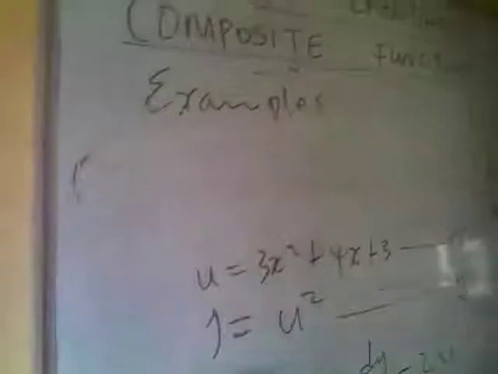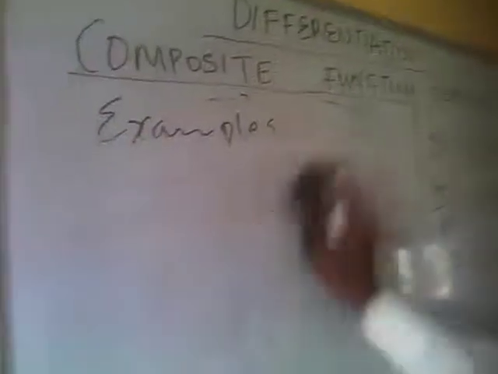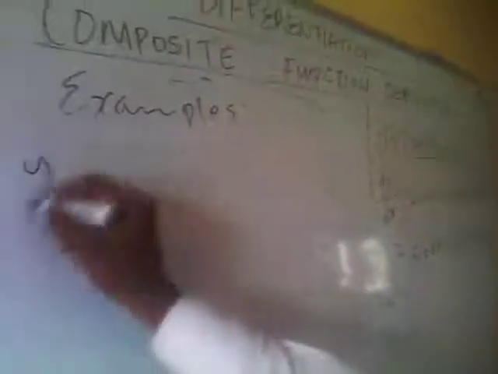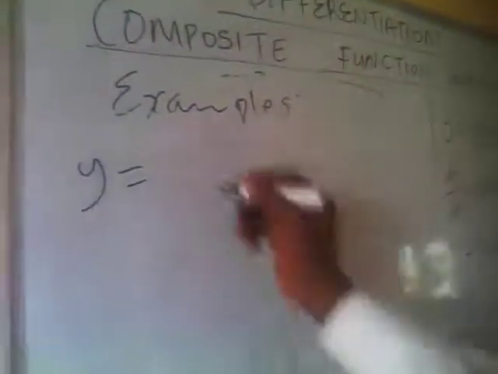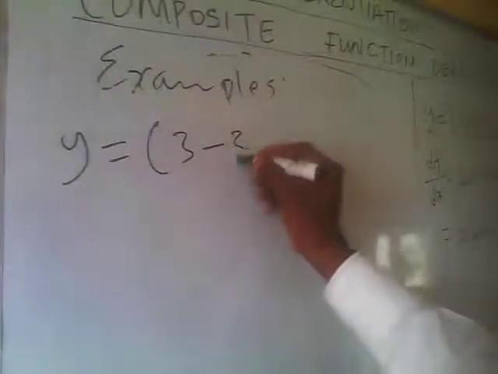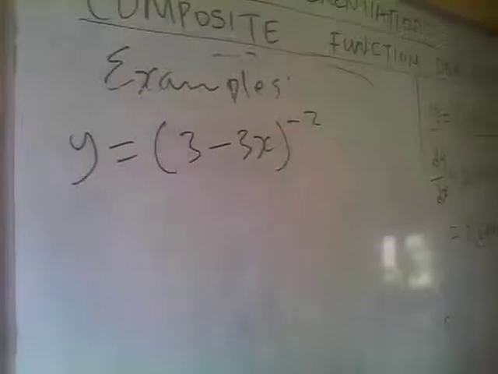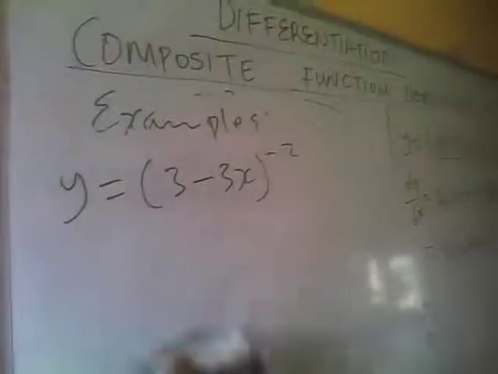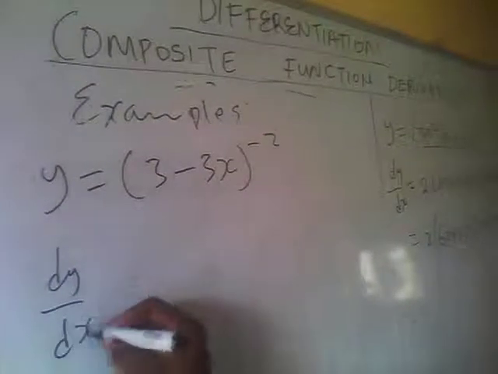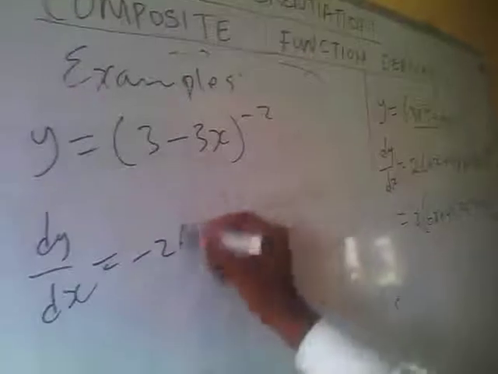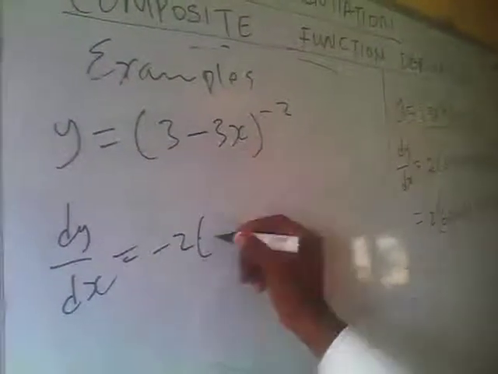Finally, on this particular subtopic, let's take an example: we have y equal to (3 - 3x) to the power minus 2. We can use our alternative method straight. Then dy/dx will be equal to the power, which is minus 2, multiplying the derivative of what we have in the bracket, which is minus 3.